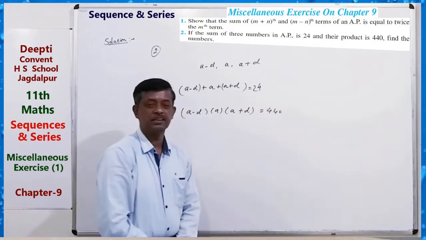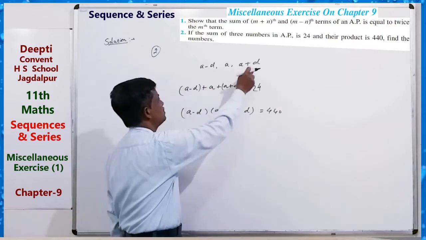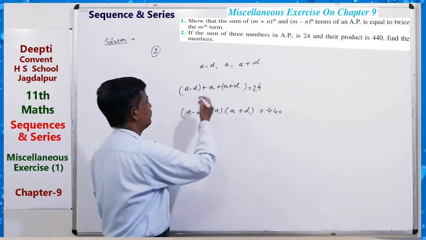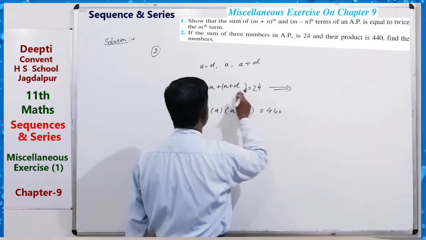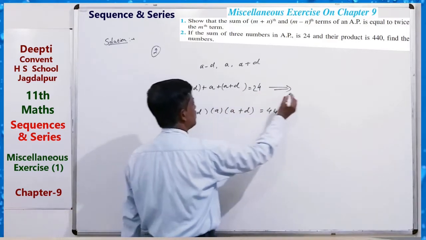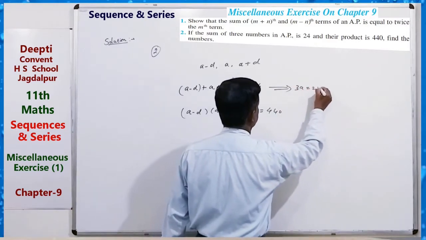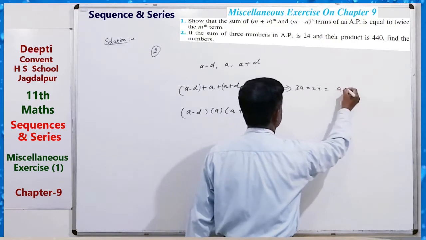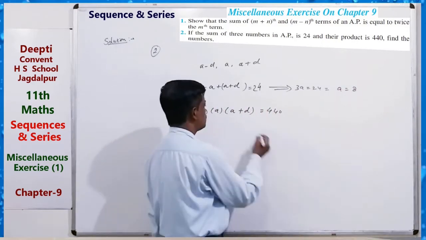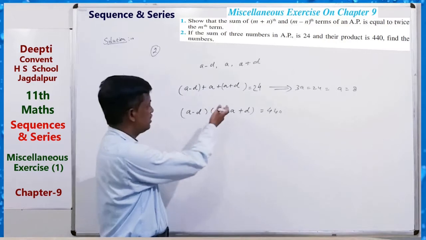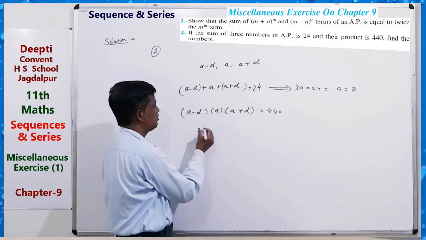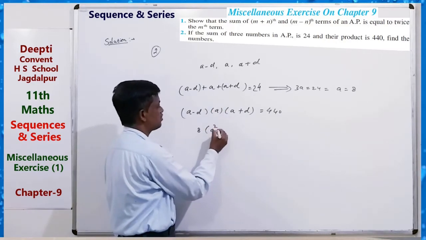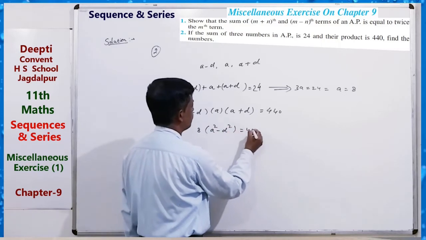So now our target is finding the numbers, that is A and D. So we can find from here: sum of this, the D's cancel, 3A equals 24. So A equals 8. Just use A equals 8 here. So A into (A minus D)(A plus D) means A times (A square minus D square) equals 440.